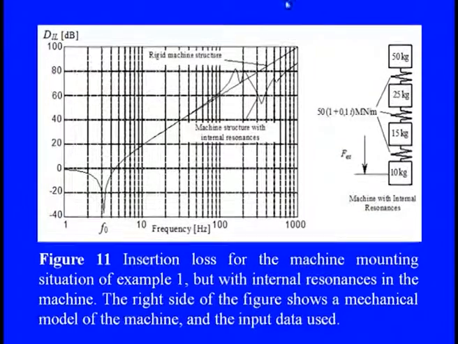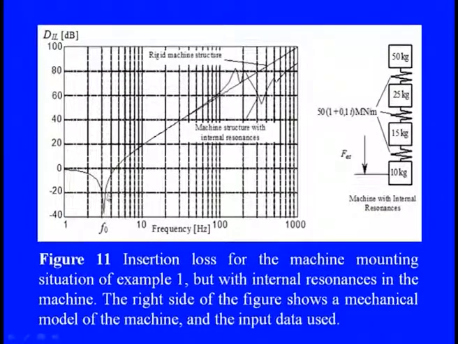So if you look at the insertion losses of this figure, we will find that the insertion losses at the lower end are somewhat showing the internal resonances, and when it is approaching the mounting resonances, certainly we have this feature.